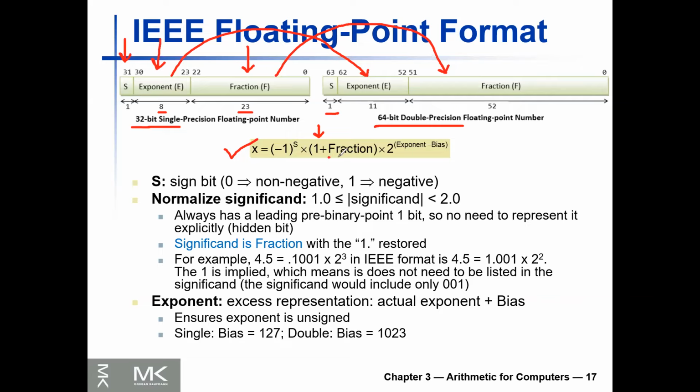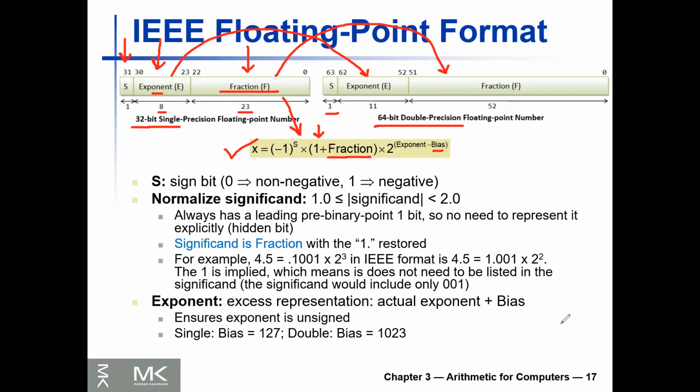We only store the fraction, and we add the 1 later while converting. Then we use 2 to the power of exponent minus bias. Whatever is stored in E, we use that and subtract the bias. Now, what is the bias?